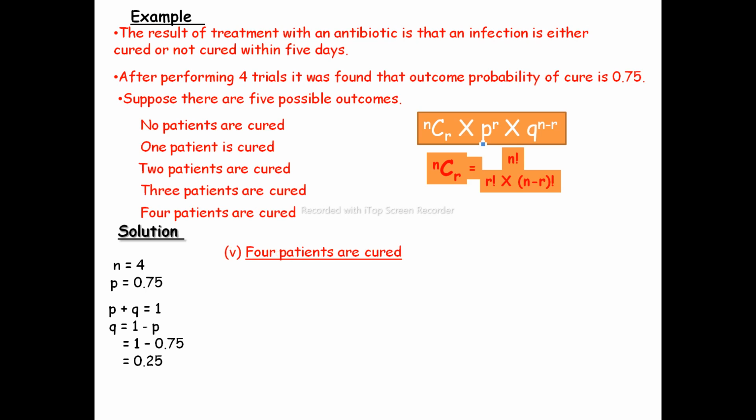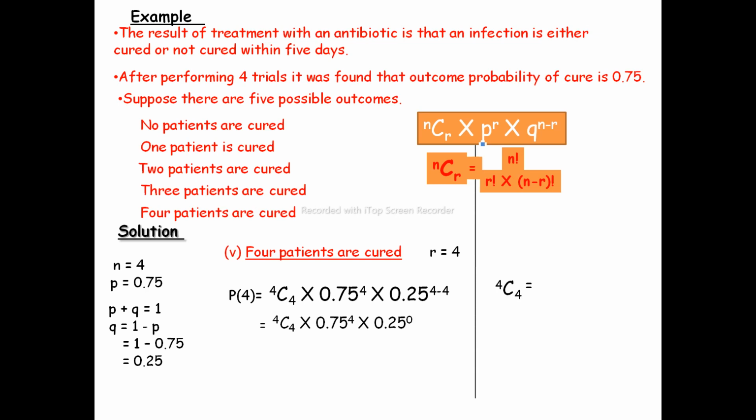Last is 4 patients getting cured. So the number of successes is 4. So probability of 4 patients getting cured is 4 combination 4 multiplied by 0.75 to the power of 4 multiplied by 0.25 to the power of 4 minus 4. Simplify it. Whenever 4 combination 4 or 5 combination 5 occurs, the answer will be 1.